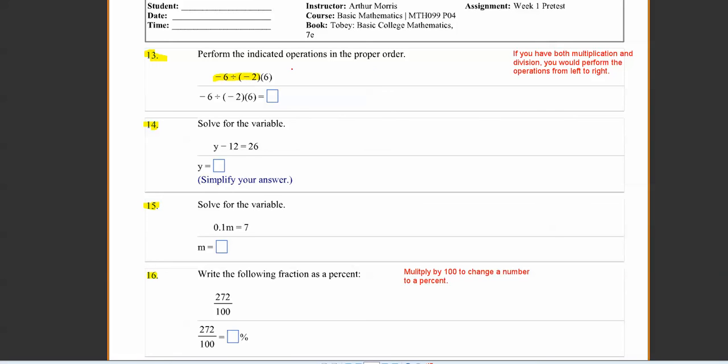So when I divide those two, negative 6 divided by negative 2, that would give me a positive 3. So now I'm left with 3 times 6, and 3 times 6 would be a positive 18.